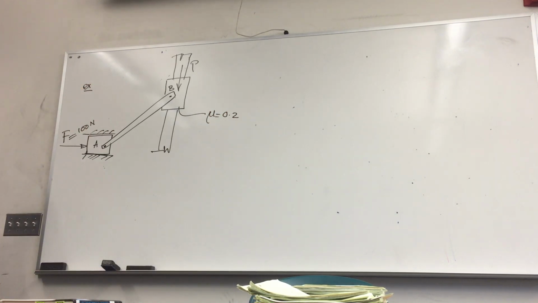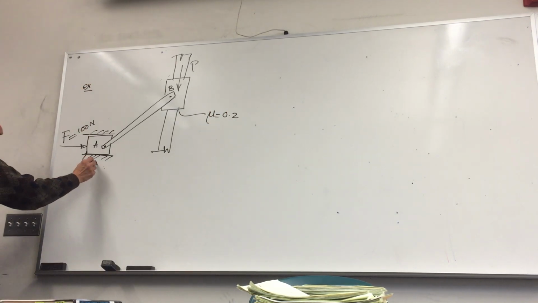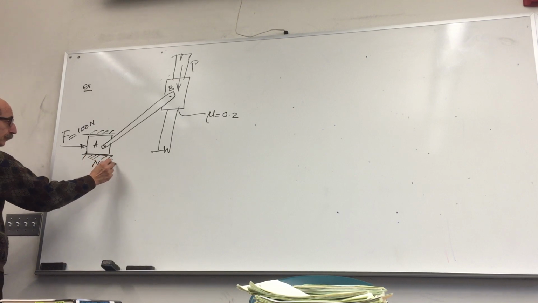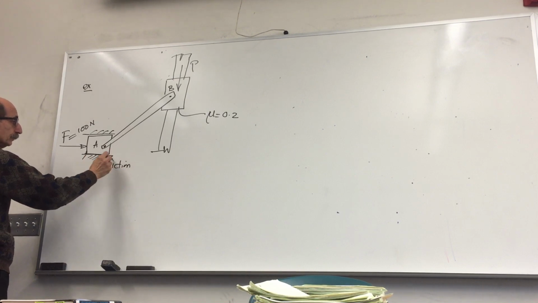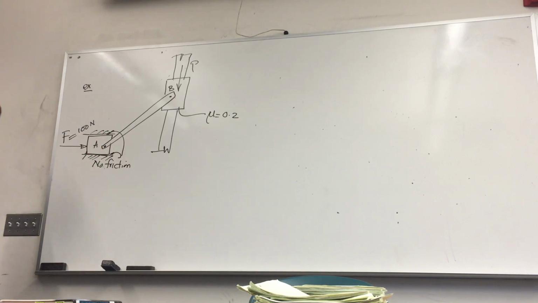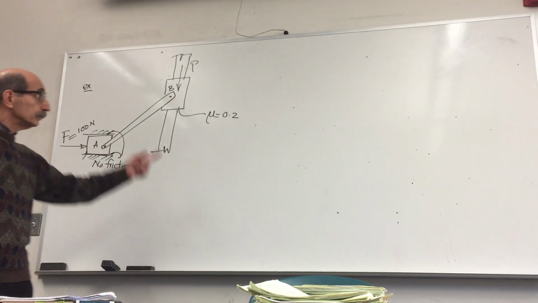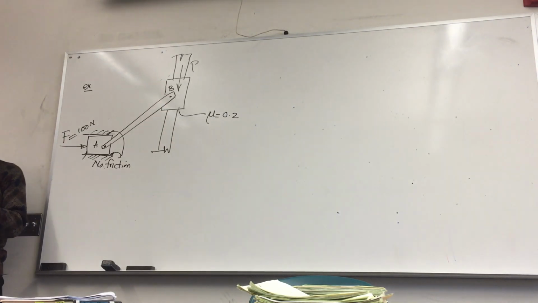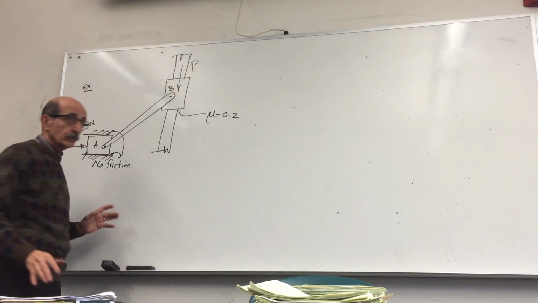And no friction on these two surfaces. So we want to know how much that applied force P should be to keep this system in equilibrium. In other words, no motion takes place anywhere.